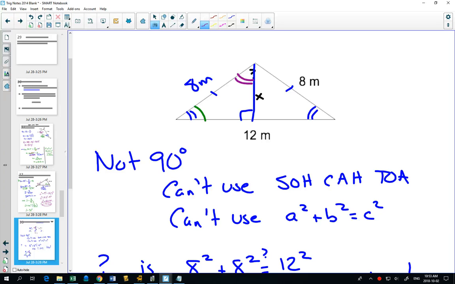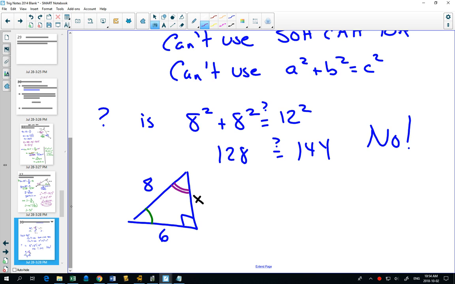Okay? So let's say I've got my green pen out. Let's start with green. If I'm finding the green angle, I know SOHCAHTOA, I know the adjacent side and the hypotenuse, so my definition, and I'm going to label this theta, so I have a variable, cos of theta is adjacent over hypotenuse.